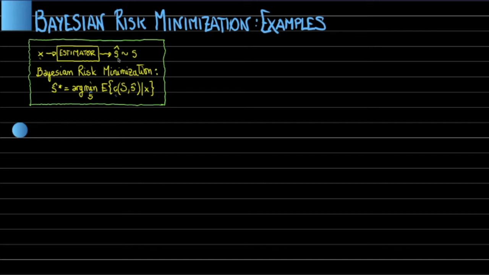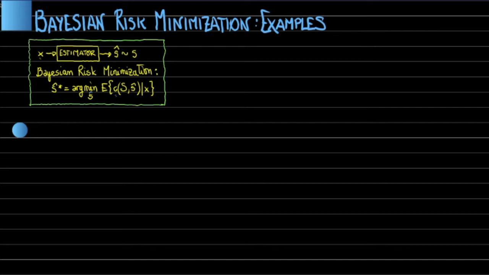Analyzing this problem, we have discovered that the general solution is given by searching, for every value of x, the value of S hat minimizing the expected value of the cost given x, which is the conditional risk.